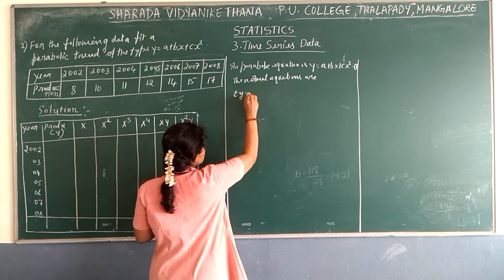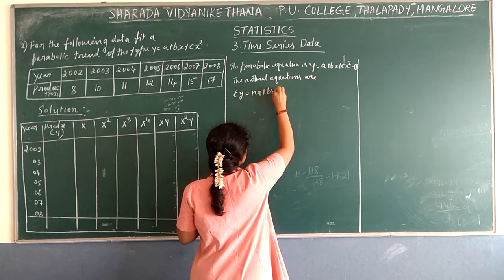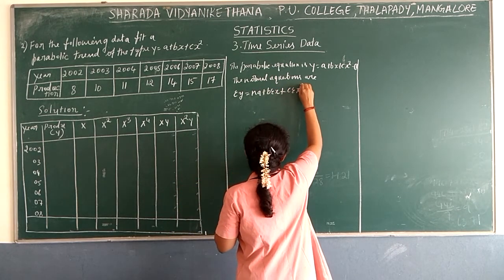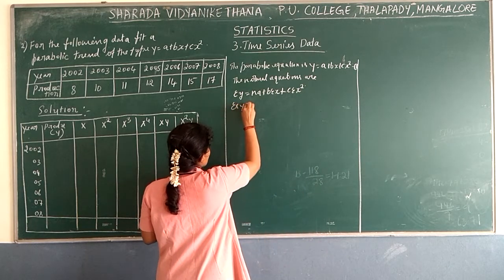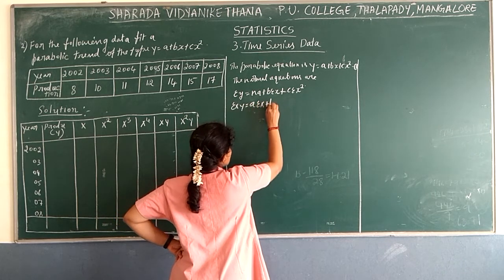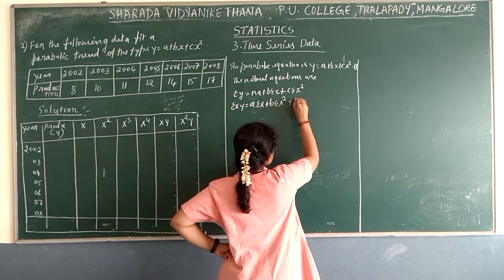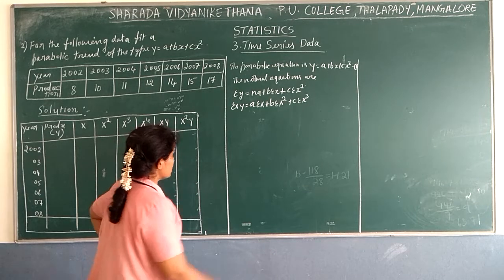sigma y is equal to Na plus b sigma x plus c sigma x square. Next comes sigma xy is equal to a sigma x plus b sigma x square plus c sigma x to the power 3 or cube.